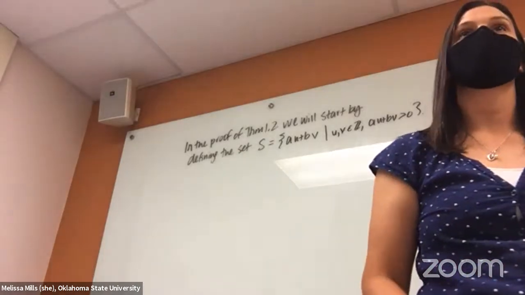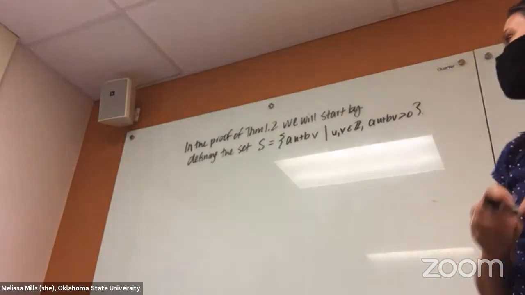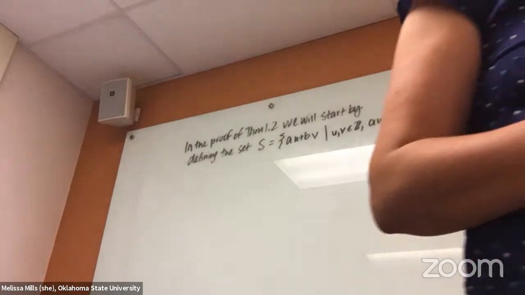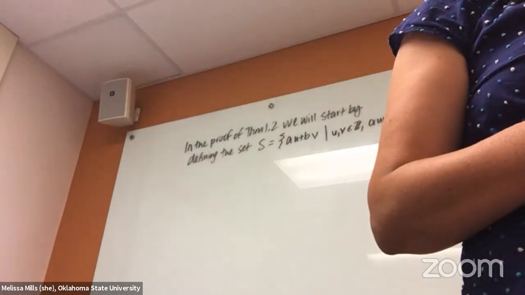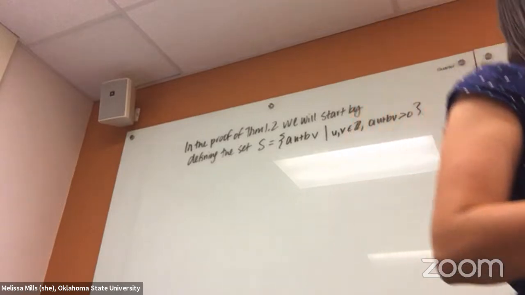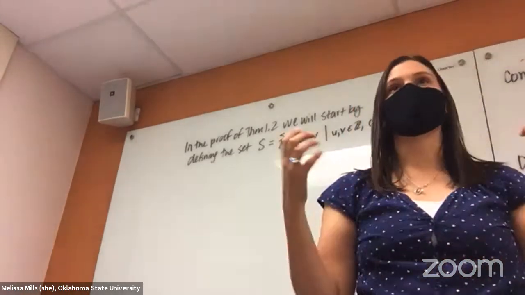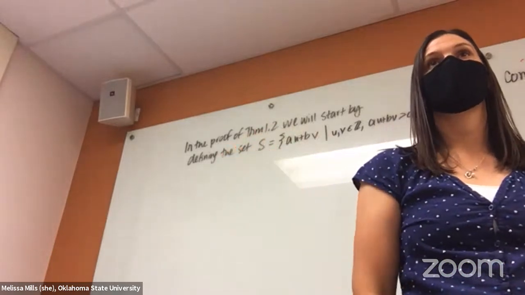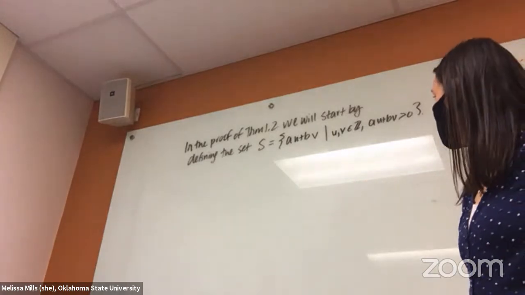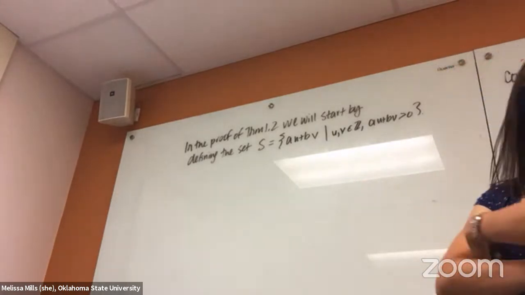Why does AU plus BV have to be greater than 0? Well, because we want to use the well ordering axiom, and the well ordering axiom only works for sets of positive integers. So we need to show that it's not empty.